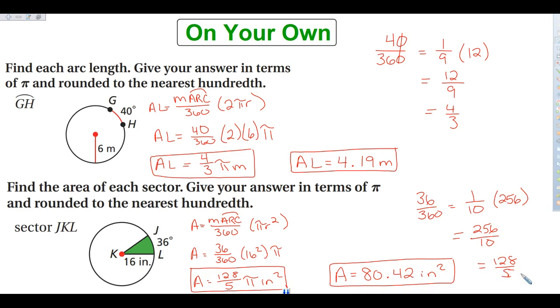So reducing that arc over 360 first can help you if you're trying to simplify, so that way you don't have very large numbers. Because if in the second one we tried to do 36 times 16 squared, that's going to give us 9,216 over 360. You're still going to go through a process to try to simplify that.